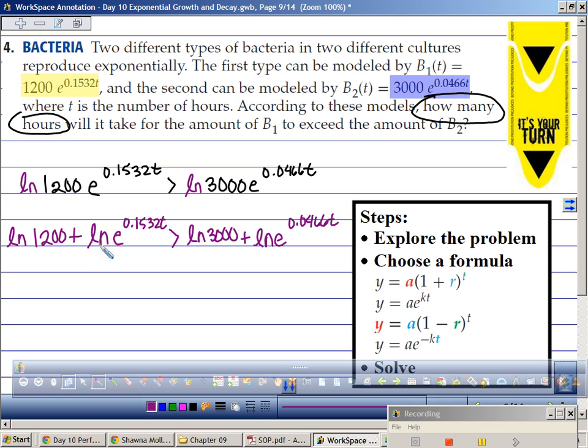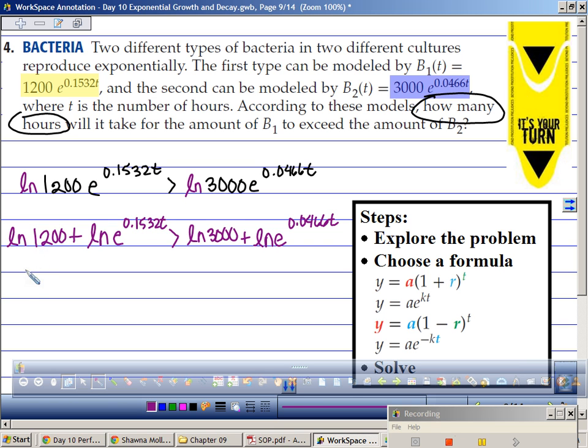Now this becomes 1, right? No? You have to split them up because, right? Got it? Because multiplication is the product property, right? Is addition with log.